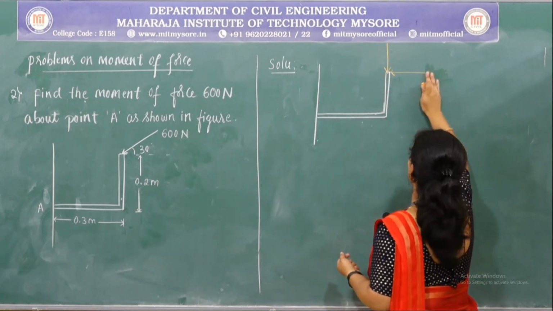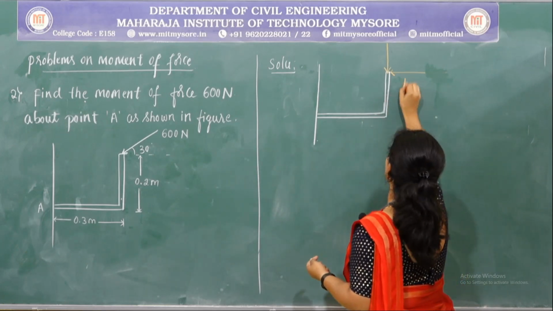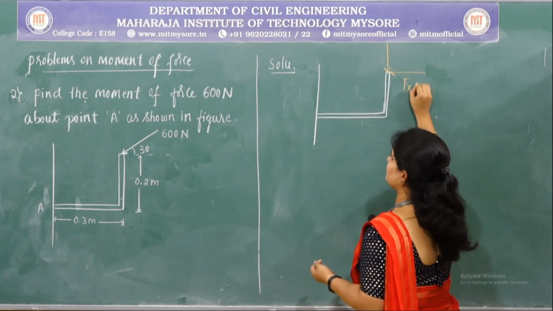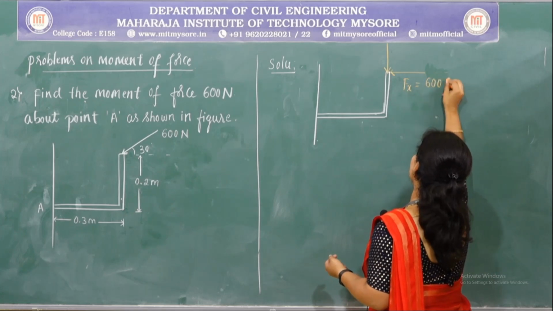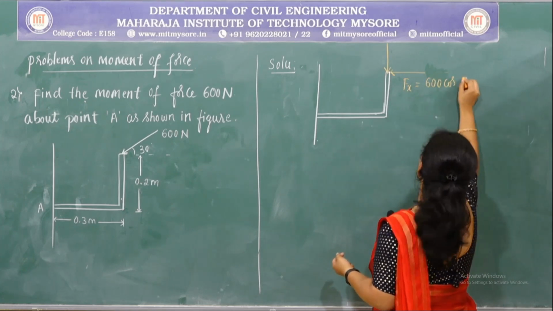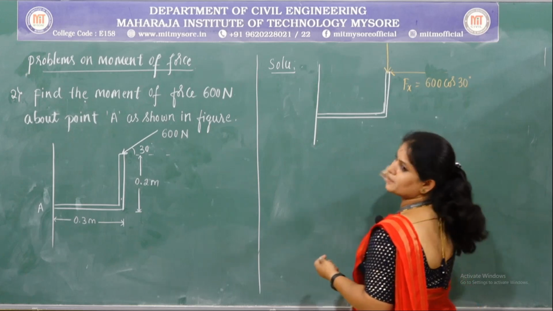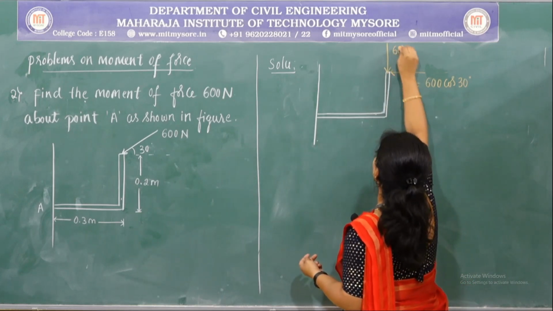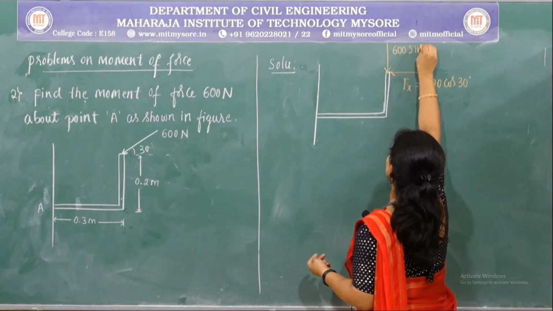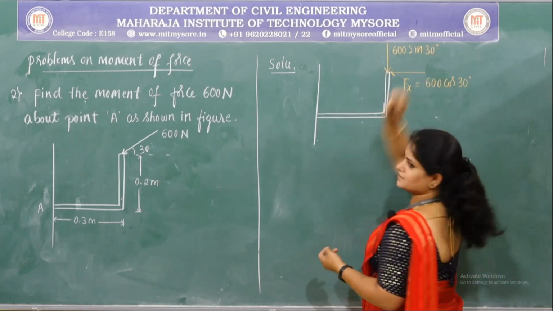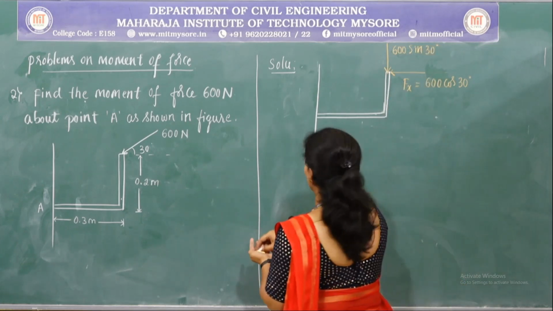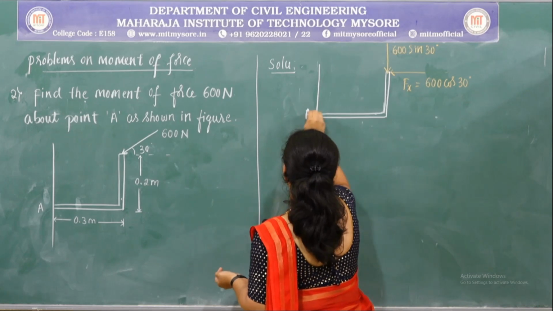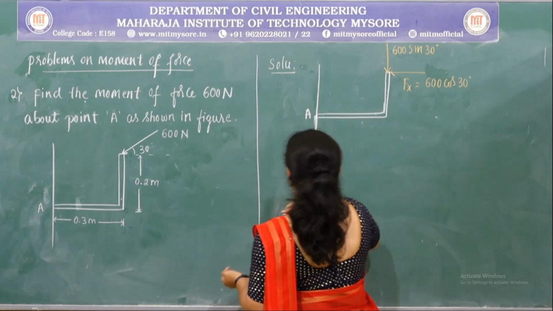So on resolving, we know that the x component is given by 600 cos 30 and the y component is given by 600 sin 30.